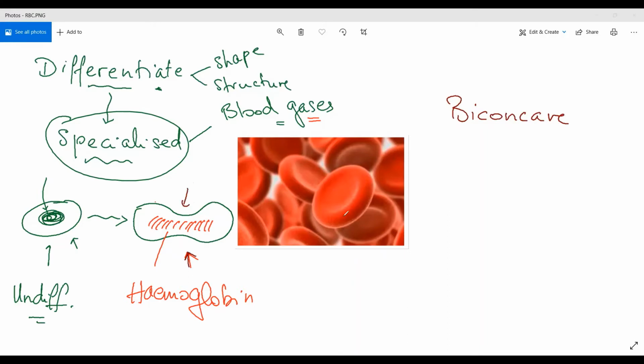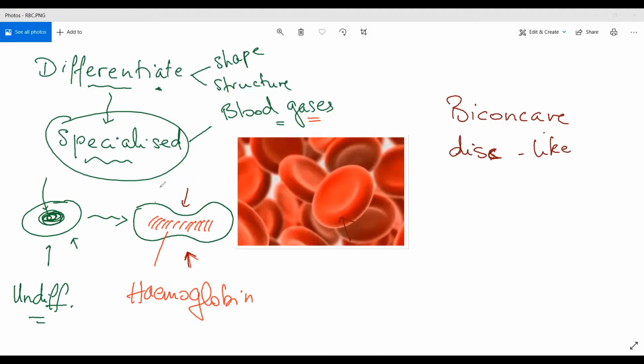If you look at it from above or from below, it looks like a disc-like shape. Okay, as if it is compressed from above and below because the nucleus is removed.